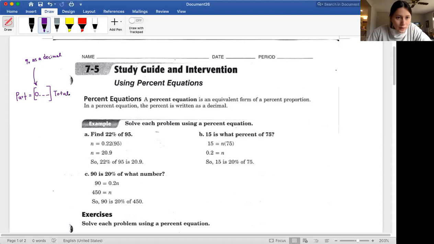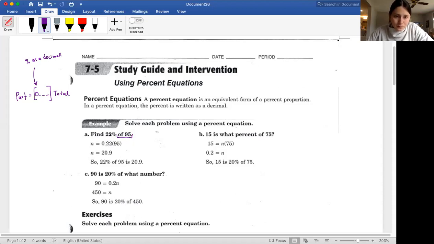So what you have to do is figure out what's given to you. This says find 22% of 95. Now, last time we talked about how of the number really means the denominator, and that really means the total that we're looking at. So this is just the same type of problem as the example on the other page.